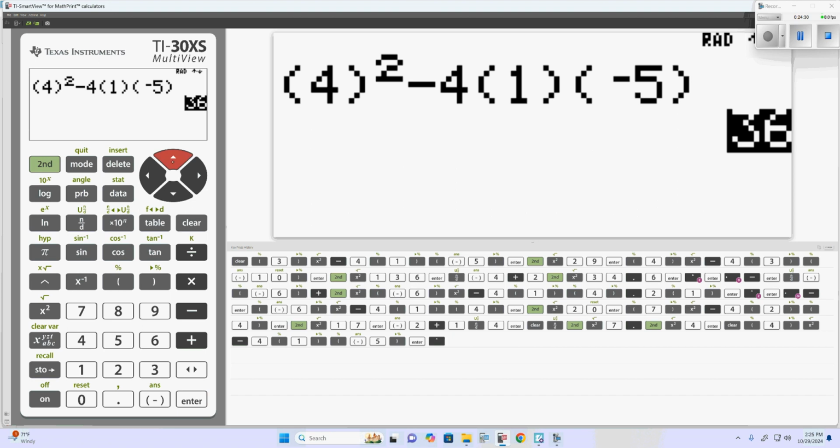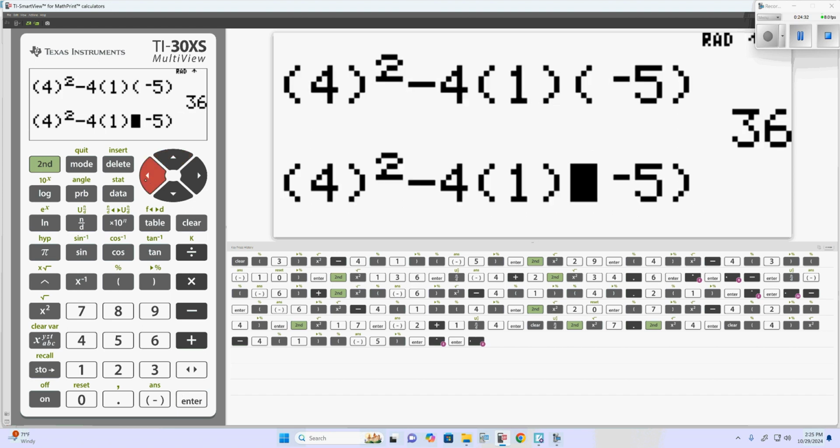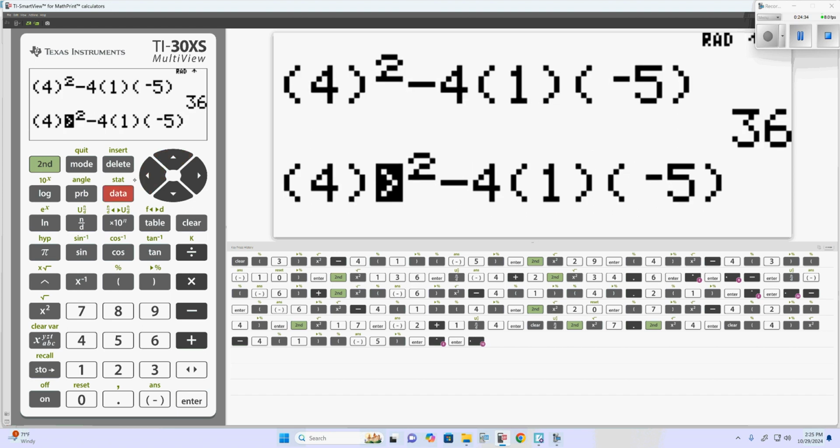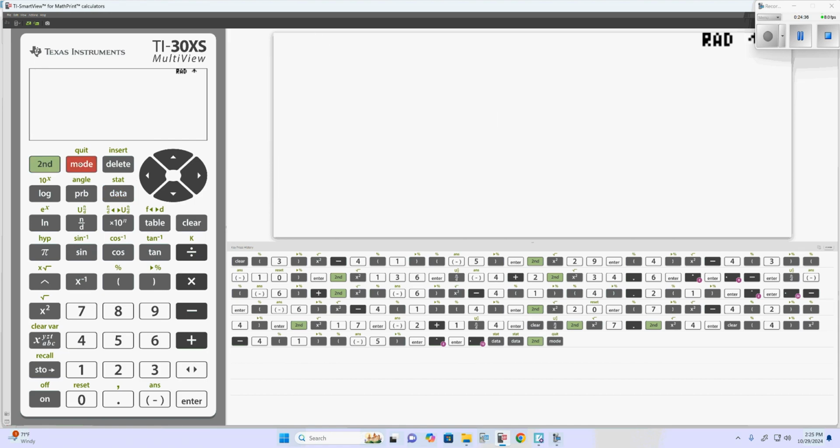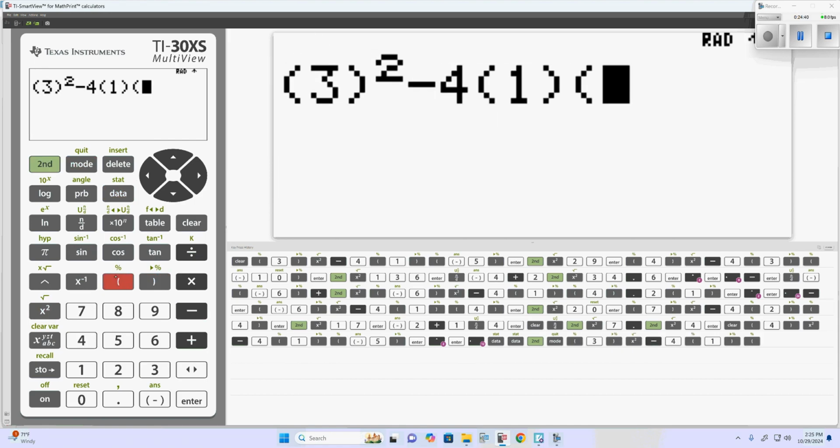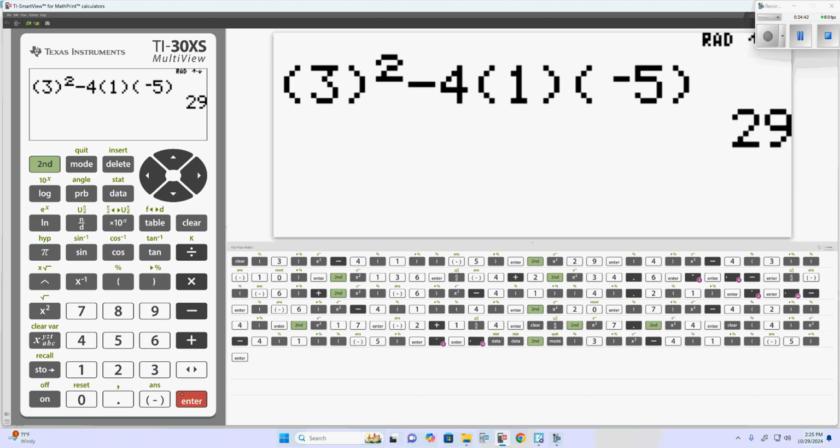Yes, I was wondering why that worked out nicer. Yep, let's try it again. 3 squared minus 4 times 1 times negative 5. 29. Yep, that looks a little more correct. Because if it was 36, that would have simplified nicely. 36 we can take the square root of.